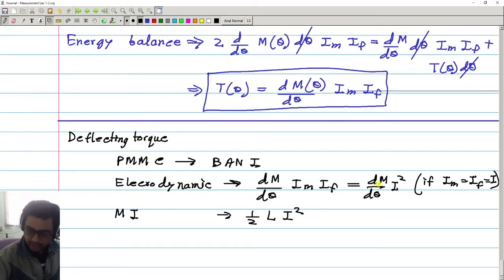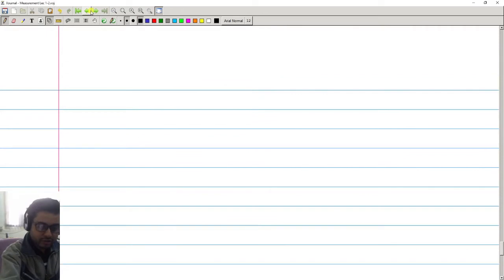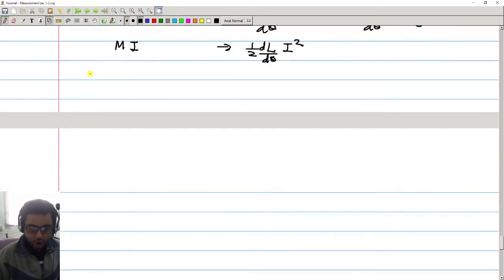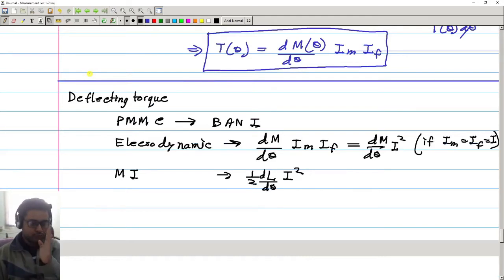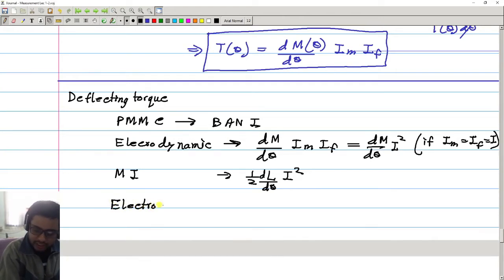So here dM/dθ I squared, here dL/dθ I squared with a half, here no half. So these are the deflecting torques. That means these are the torques that try to move the coil or the pointer when you apply a current or a voltage. For electrostatic we also found, what was this?